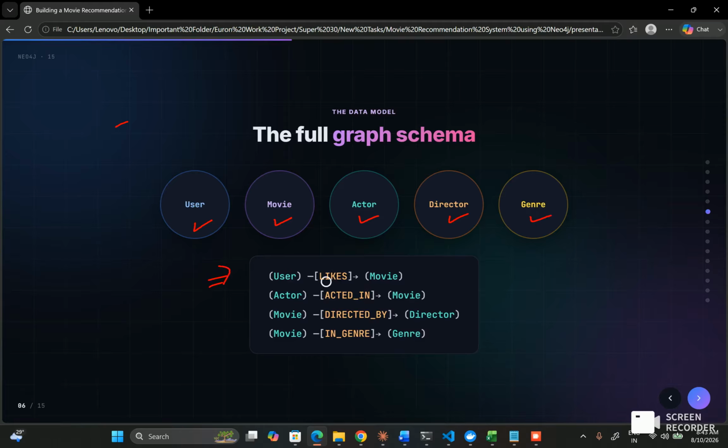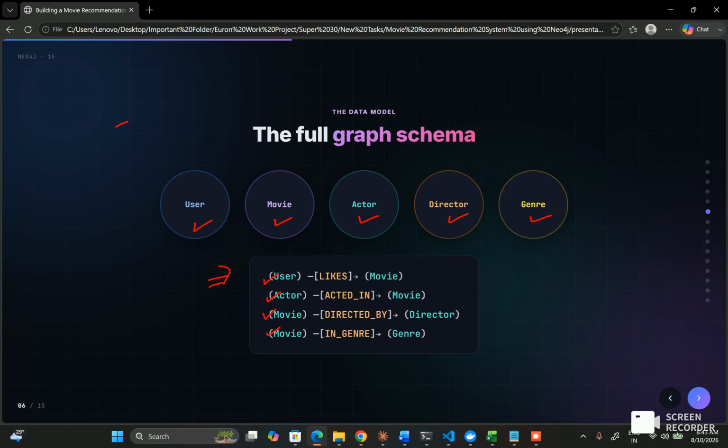Four types of relationships: a user likes a movie, an actor acted in a movie, a movie is directed by a director, a movie is in a genre. That's the whole schema this entire project sits on top of.